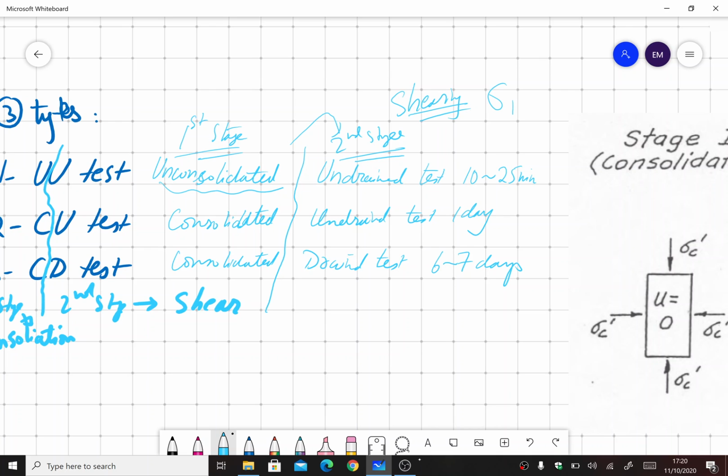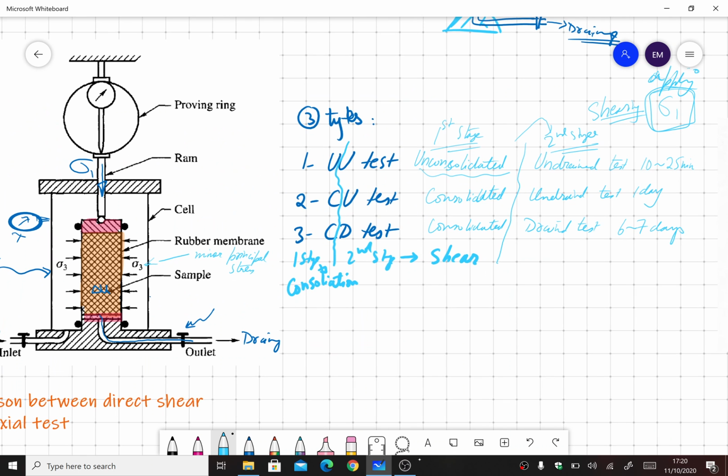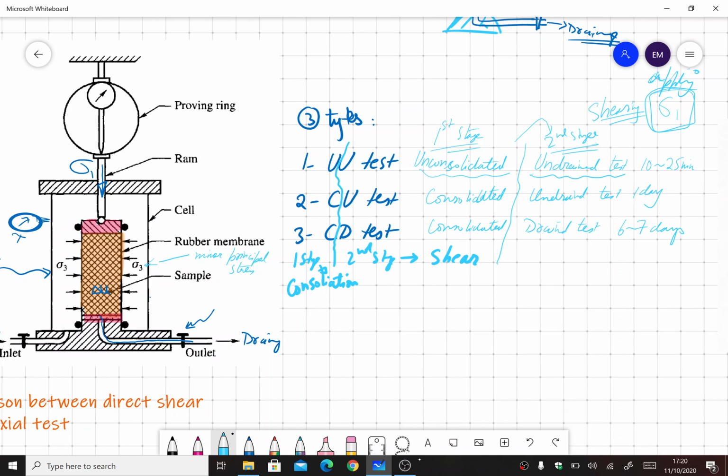As the second stage says it's an undrained test, that means this drainage valve will remain closed. So you apply load and you do not allow any pore pressure to dissipate, and then you keep applying load until the sample fails. Okay, so this concludes the test.